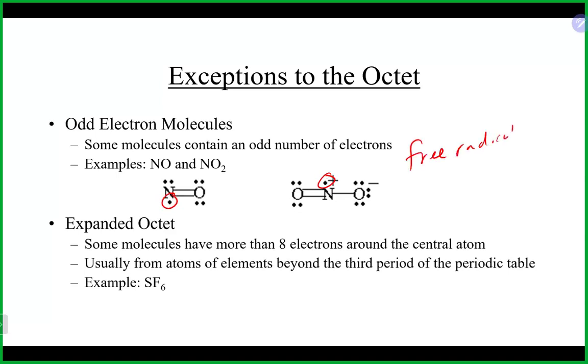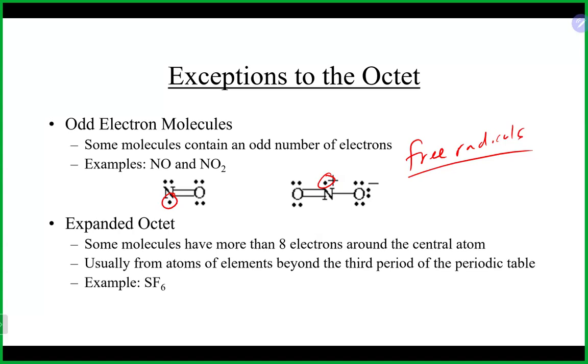They are also very, very reactive because they have one unpaired electron. So they're trying to fix that. Now, in atmospheric chemistry, where there's a lot of chlorine, it does that a lot. But when you get an odd number of electrons, you will have this unpaired electron. And again, that will result in something that's very reactive.